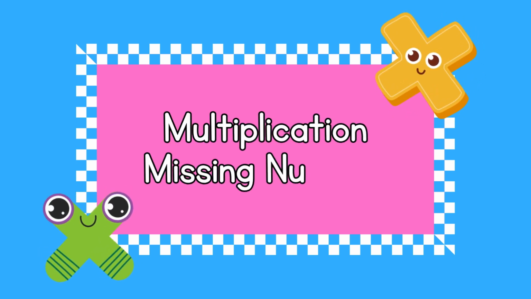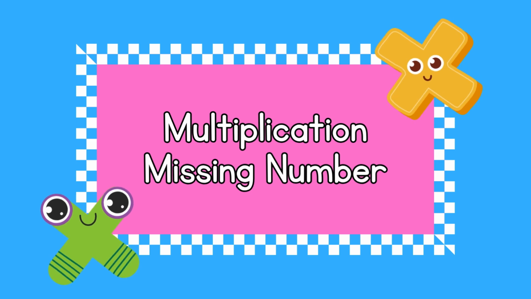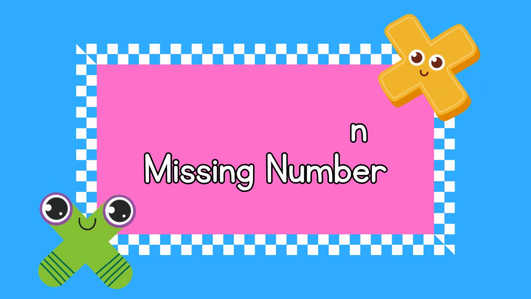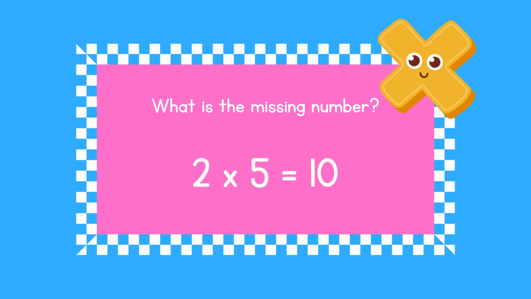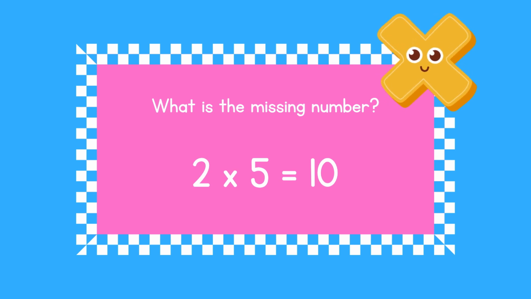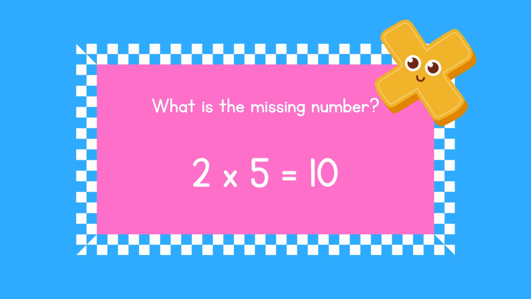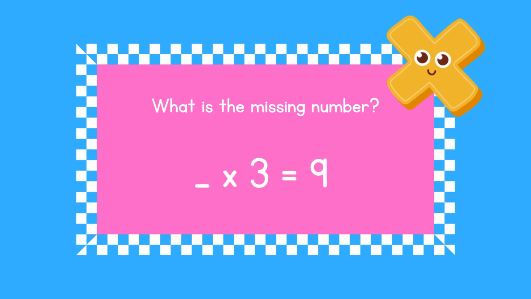Missing number multiplication quiz for kids. Find the missing number. Two multiplied by 5 is 10. Find the missing number.